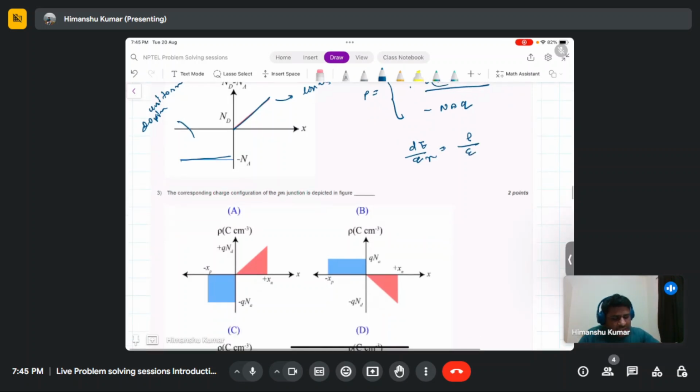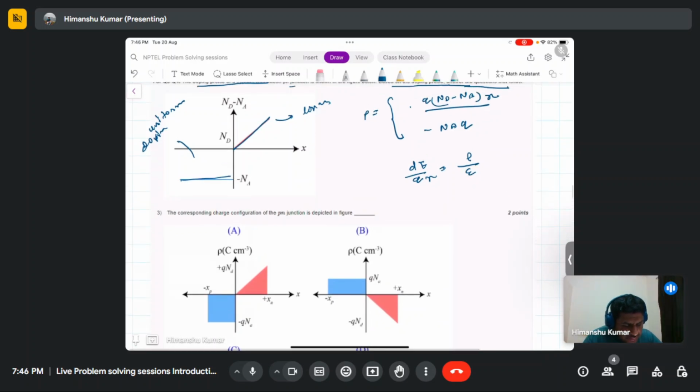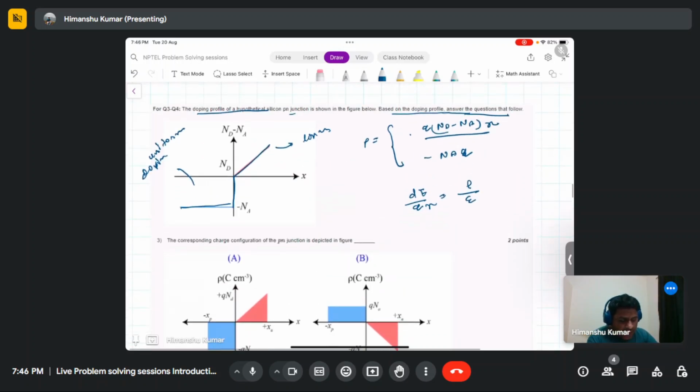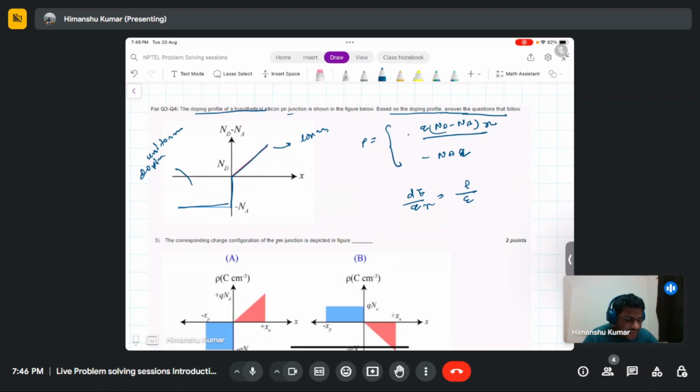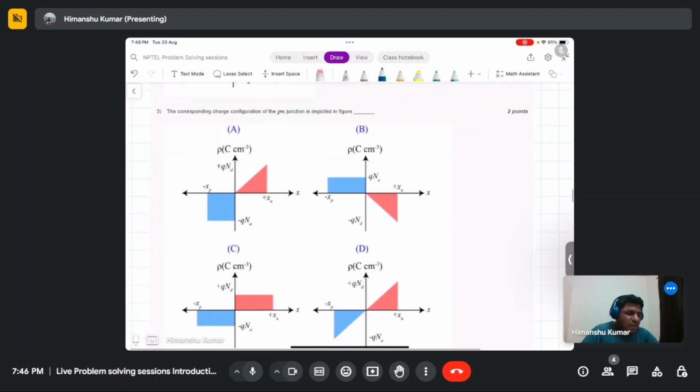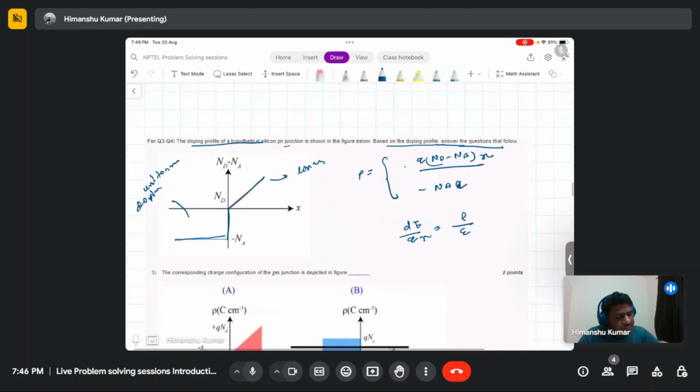On this side the charge is minus N_A, and on this side it increases linearly, and you can assume the slope is constant. So you can simply write q times m times x, where m is the slope of this line.